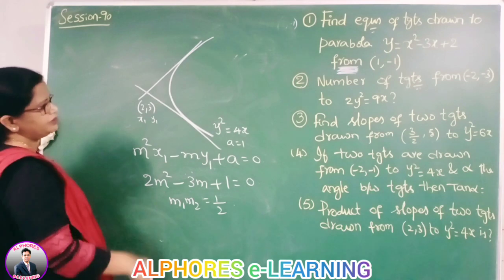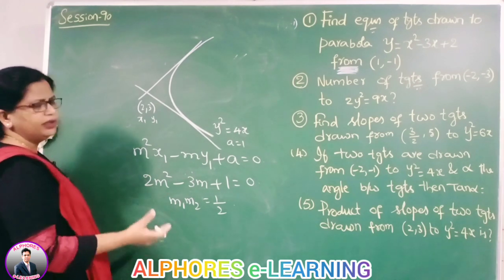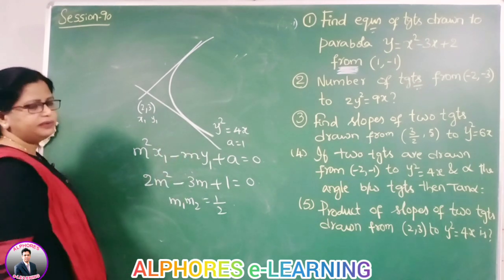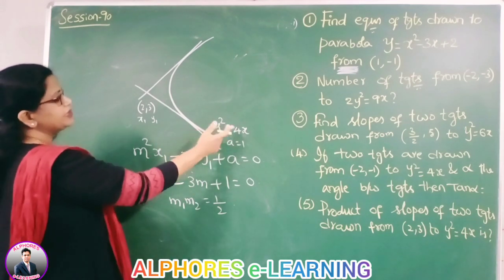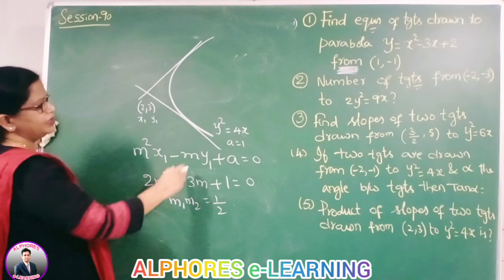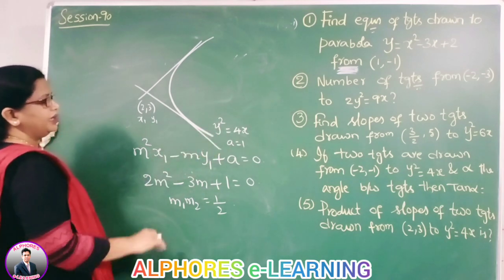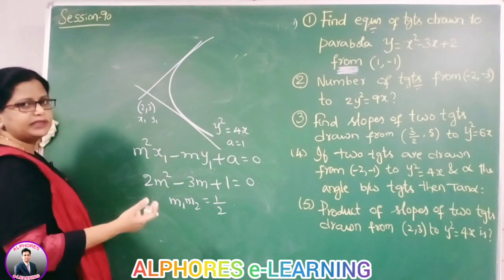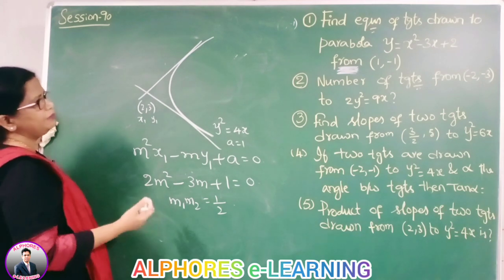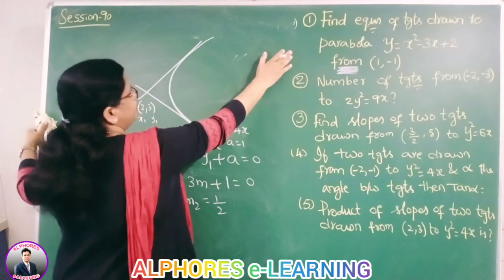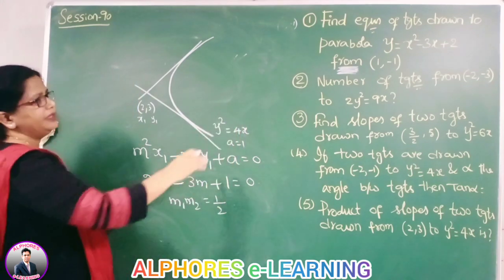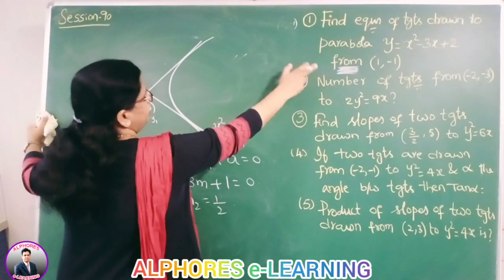In this way students, just basing on our concept, we can do different problems. Suppose the same problem is asked for x square is 4y, or x square minus 4x plus 3 equal to y. In that case, we take y as mx plus c and substitute the point.